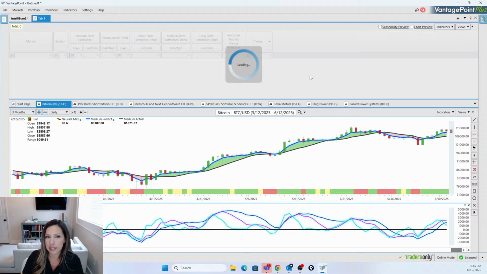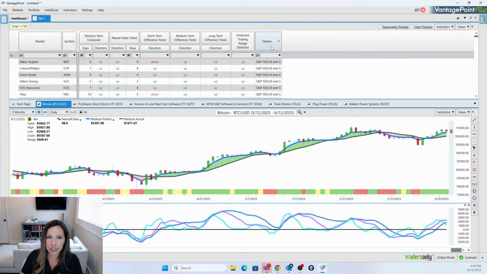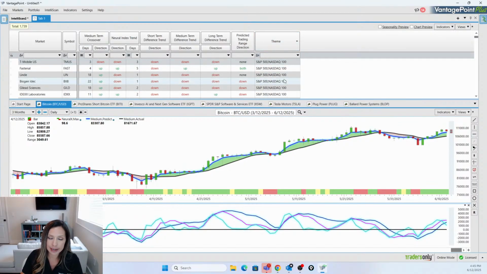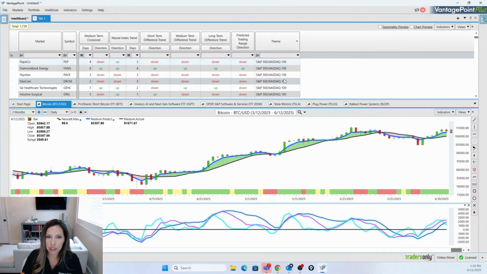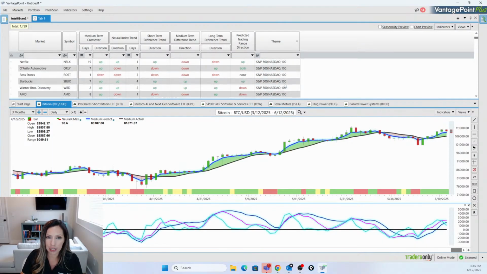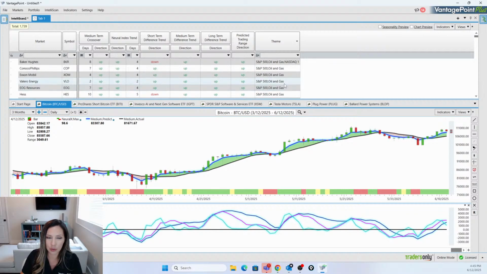Then you'll notice that there are various themes that we're going to see here in the market, whether it be S&P, oil and gas, energies, whether it's on the NASDAQ. You can really search for different assets in a variety of different ways, and just about anything can be done in IntelliScan, right? As we take a look, you could also search for those areas that are going up.